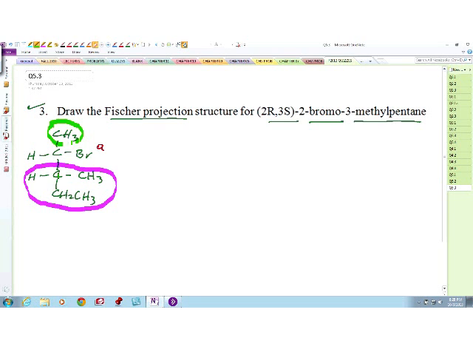You go to this carbon, and this carbon also has a carbon here, so you cannot make a decision based on the first carbon. Then you go to the next attachment. In this case, this carbon is attached to 2 other carbon atoms. On the other hand, this carbon is only attached to 3 hydrogens. Therefore, this carbon has priority, so we say that is B. Finally, of course, hydrogen will be D.